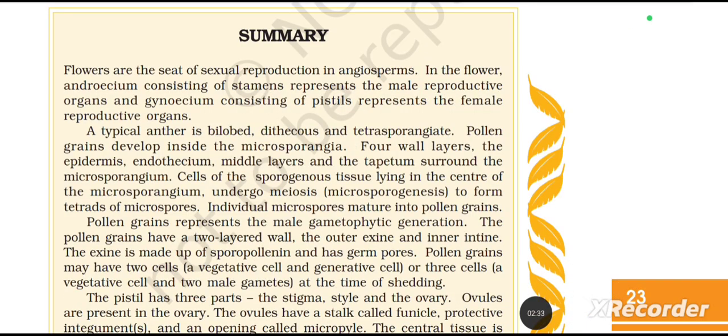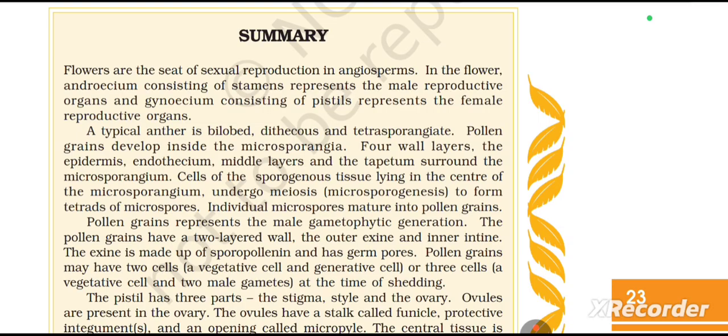Summary: Flowers are the site of sexual reproduction in angiosperms. In the flower, androecium consisting of stamens represents the male reproductive organs, and gynoecium consisting of pistils represents the female reproductive organs. A typical anther is bilobed, dithecous, and tetrasporangiate. Pollen grains develop inside the microsporangia.